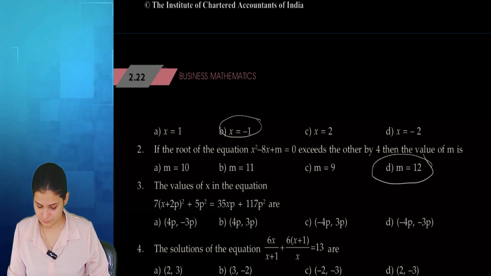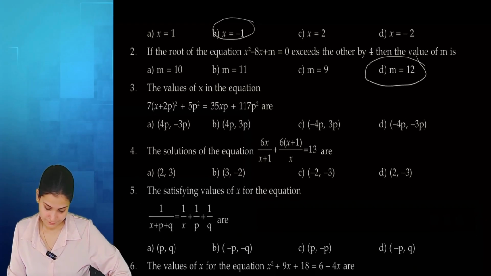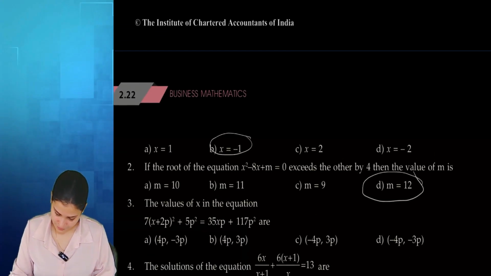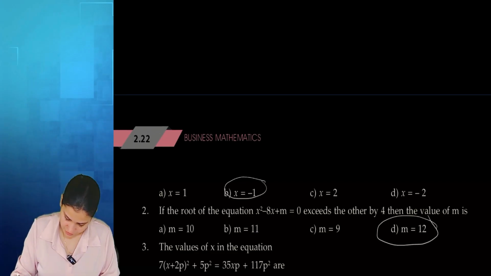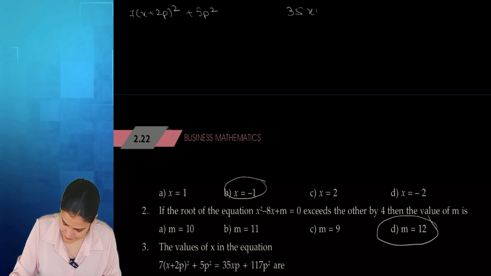The equation is 7 into x plus 2p whole square plus 5p square, and the right hand side is 35xp plus 117p square.